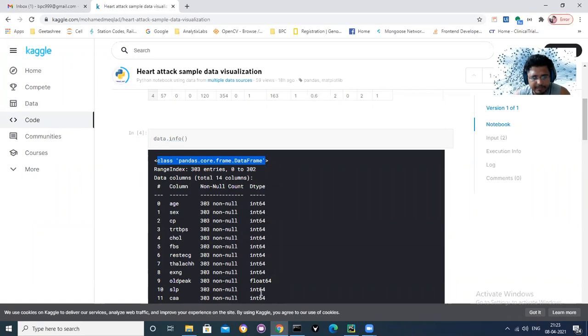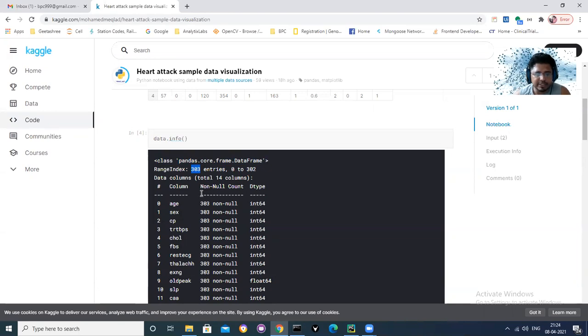It is not big data. It is very small, and the important takeaway is that since I have only 303 entries, I can do all my processing in memory.